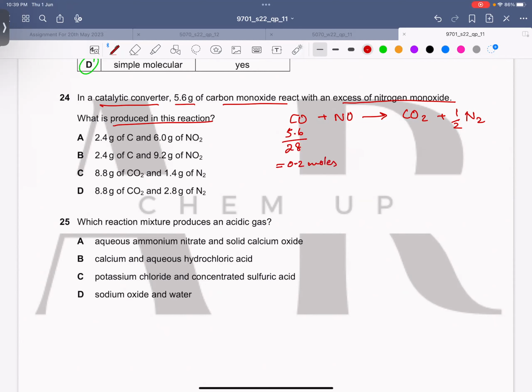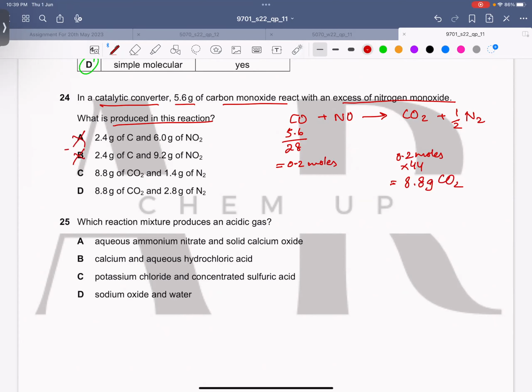So if there are 0.2 moles of carbon monoxide, then the carbon dioxide formed would also be 0.2 moles. I multiply it by the Mr of carbon dioxide to find the mass of these 0.2 moles. I would get 8.8 grams of carbon dioxide, which makes A and B wrong.